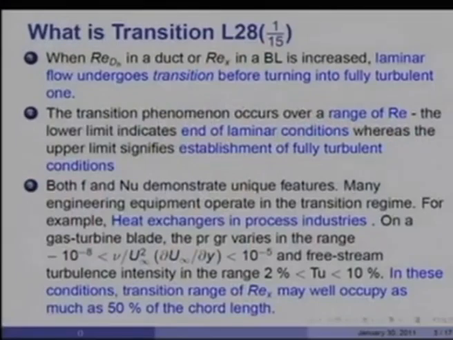So, for example, in a duct, when Reynolds number based on hydraulic diameter, or in an external boundary layer when the Reynolds number based on actual distance x is increased, laminar flow undergoes transition before turning into fully turbulent one. This transitional phenomenon actually occurs over a range of Reynolds number, although in the undergraduate work we often believe that laminar to turbulent transition is very abrupt, but actually the transition occurs over a range of Reynolds numbers.